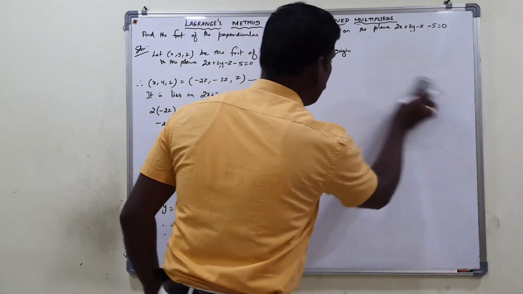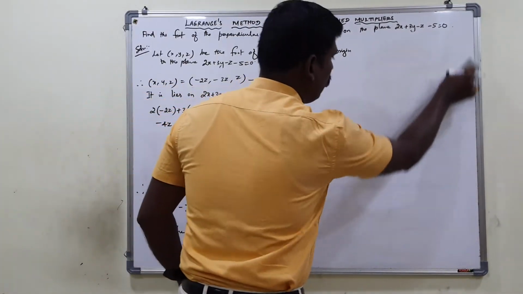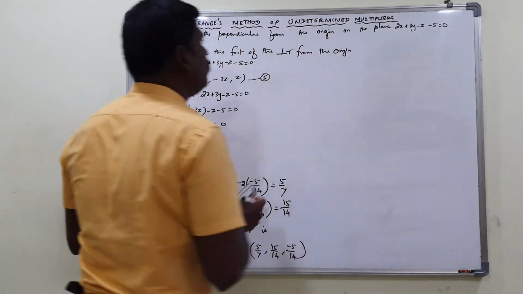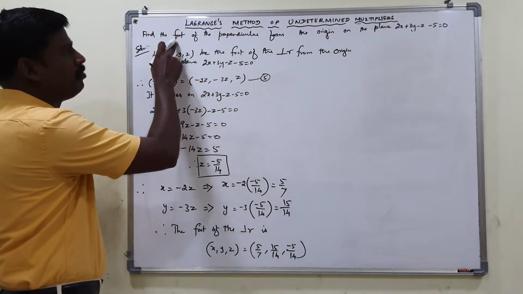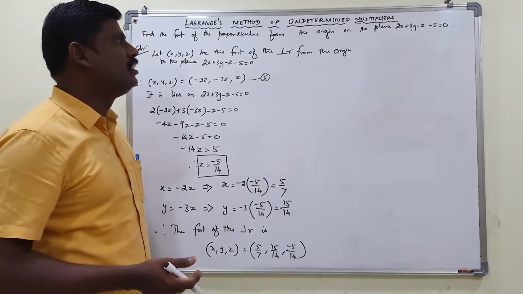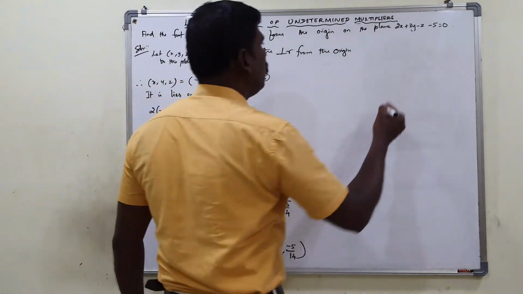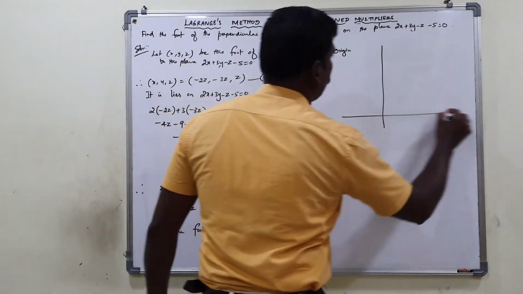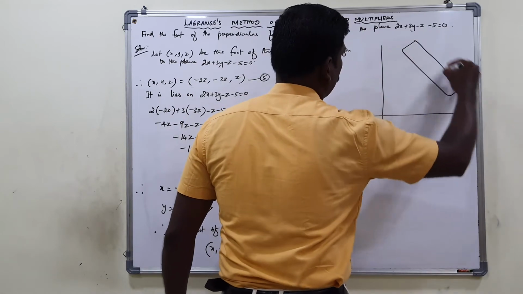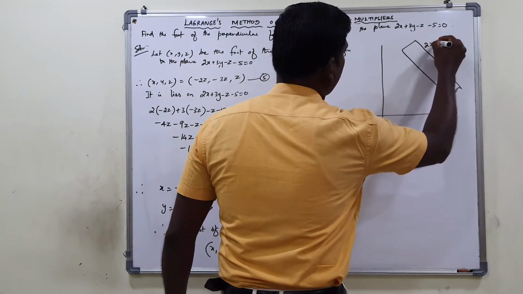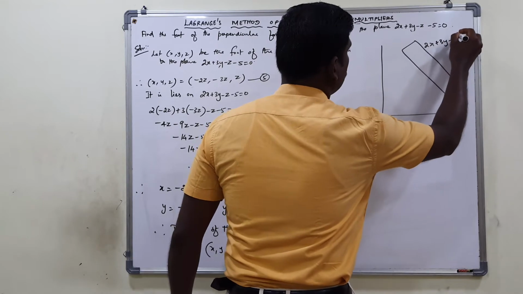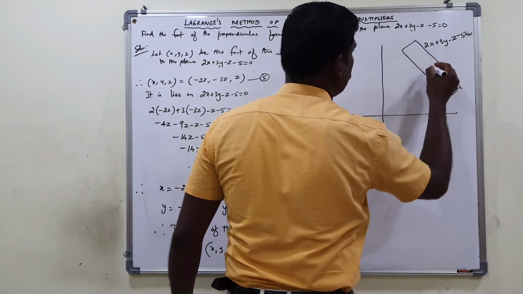We can also find out the same foot of the perpendicular through the analytical geometry method. Okay, right? So this is the plane 2x plus 3y minus z minus 5 equal to 0, isn't it?